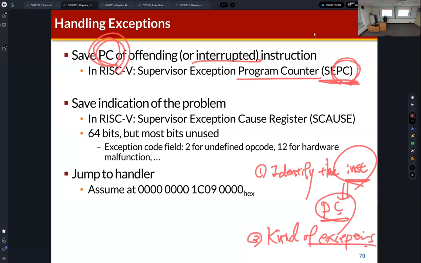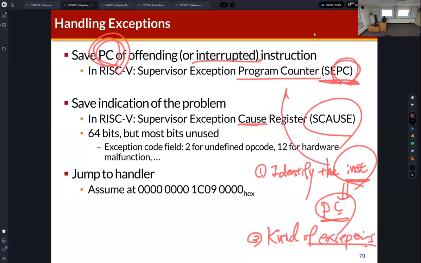RISC-V also has a register for this, called the supervisor exception cause register, which means that the code of the exception is stored in this register. When the exception is detected, this information, the program counter and the code of the exception, is reported to the operating system.